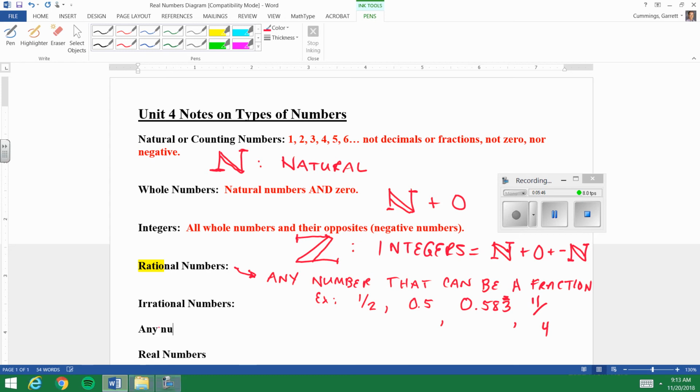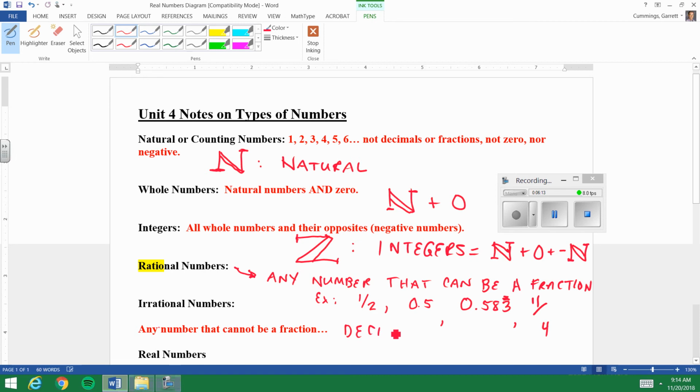So any number that cannot be a fraction would be irrational, part of your irrational numbers. For example, do we know any number that cannot be a fraction? Well, these include your decimals that go on forever but never repeat.